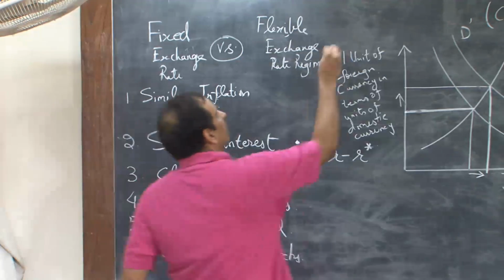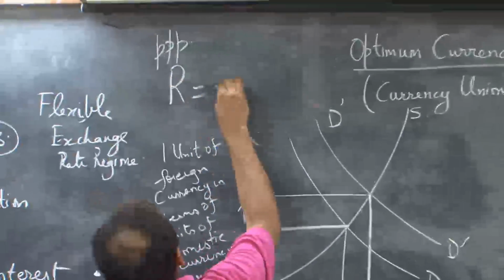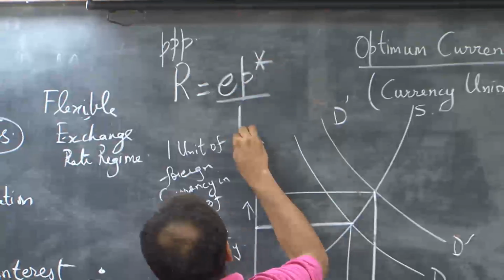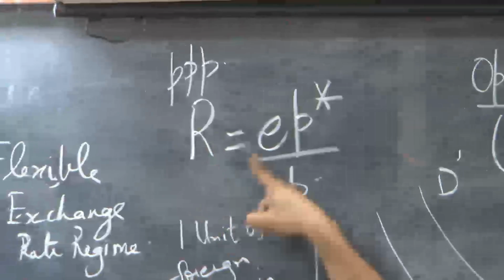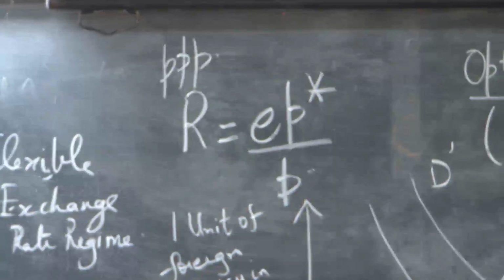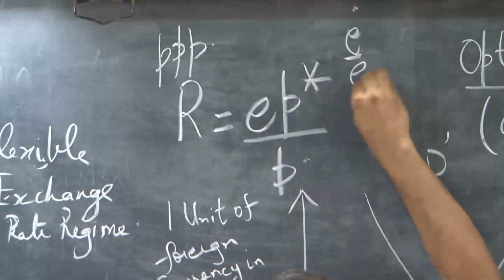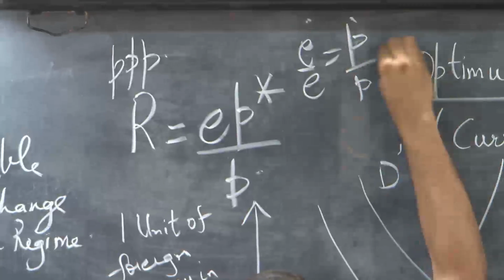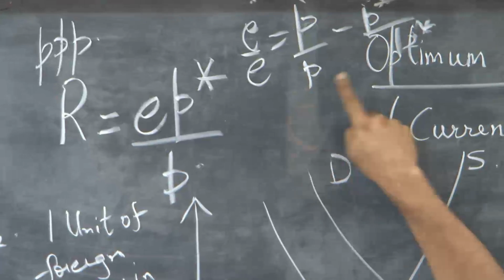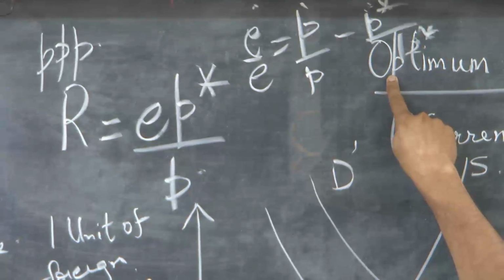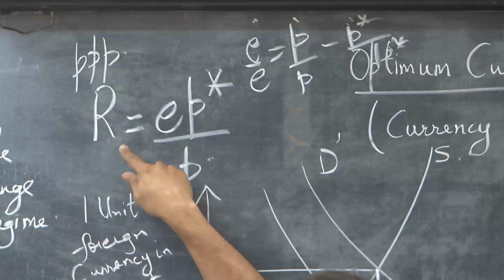Similarly, if you work on the purchasing power parity theory, which says that the real exchange rate, EP star by P, is a constant, and if you work on this equation, you would get E dot by E equal to P dot by P minus P dot star by P star, the inflation levels here and the inflation levels in the foreign country.